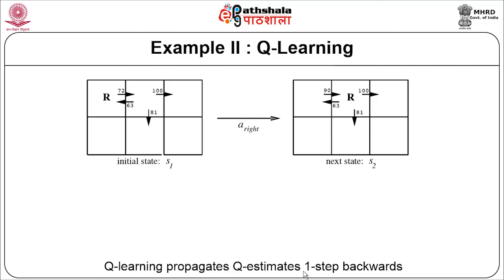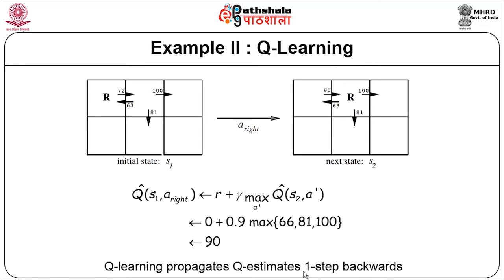An example of this: the initial state is S1, then you take a right. So, you are here, then you take a right, you reach here. This is the next state S2. Q(S1, right), that is the action, is a reward plus the discounted value, normally using a discount of 0.9, times the maximum of Q-hat(S2, a dash).